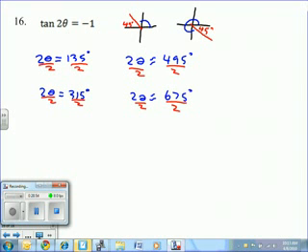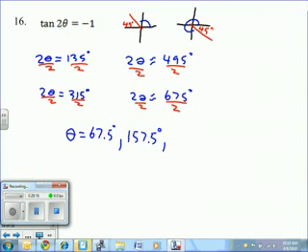Because of the 2 in front of the multiple angle, we've got to keep adding 360 as long as we're under 720. All right, so theta equals 135 divided by 2 is what? It's 67.5 degrees. 315 divided by 2 is what? 157.5.